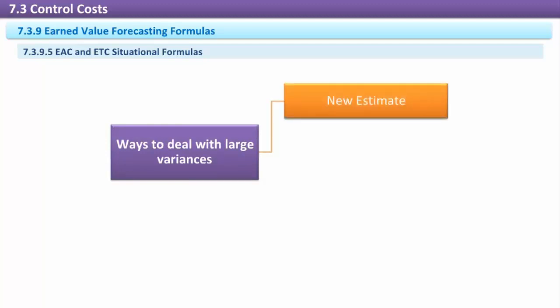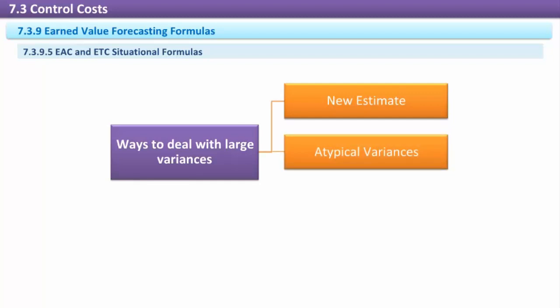New estimate. First, we might develop a new estimate to complete that is not based on the ETC formula we saw above. Instead, it's just an updated aggregation of revised activity cost estimates from this point in the project going forward. Atypical variances.